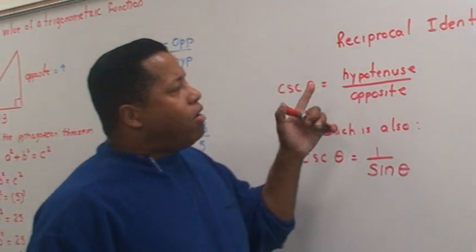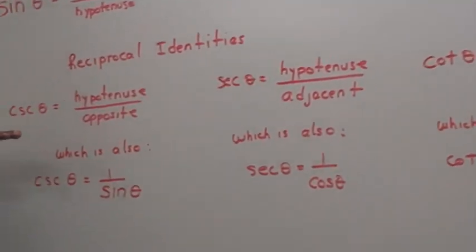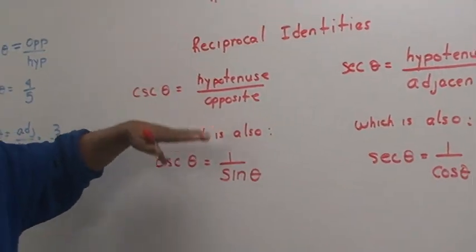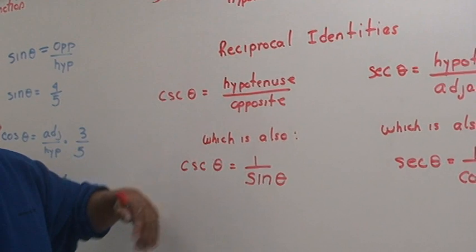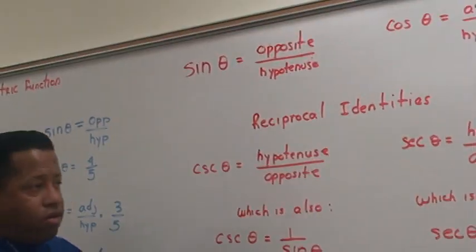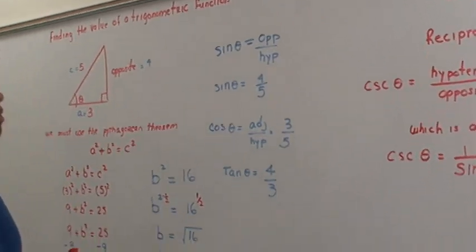I can show you that these identities, the reciprocal identities written in different ways, no matter which way you do them, you should come up with the same value. So let's see.